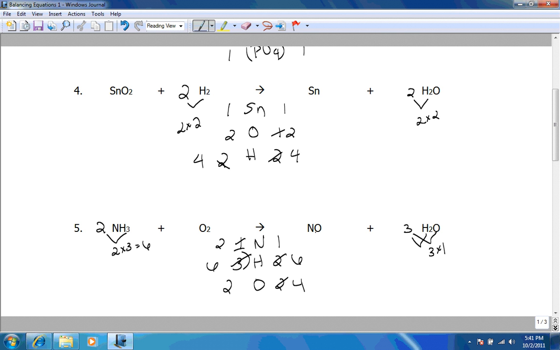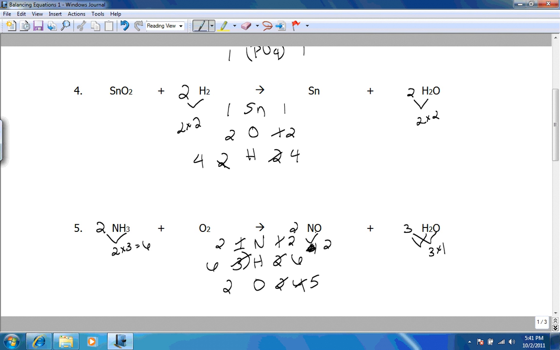So let's go back up to the top and fix our nitrogens first. So we're going to multiply this one by 2 to make 2 nitrogens. So that means it also has 2 oxygens. And we have 3 here, which means we have 5 oxygens total.